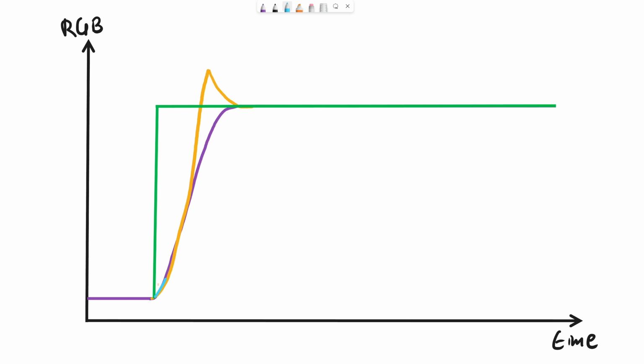So if we had a transition that was pretty similar to the orange transition in terms of response time, but had much shorter overshoot characteristics, these would give two very similar metrics in our response time and overshoot numbers. We'd be measuring very similar response times here, and very similar overshoot characteristics here.